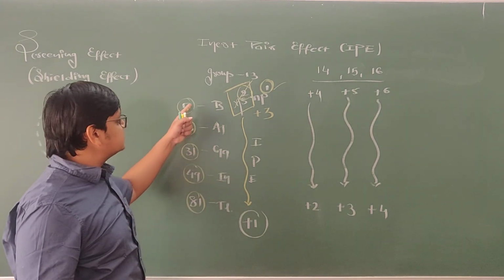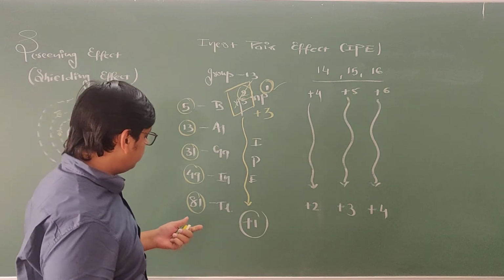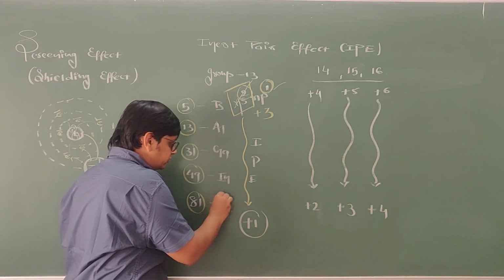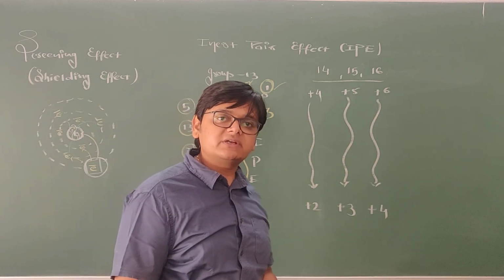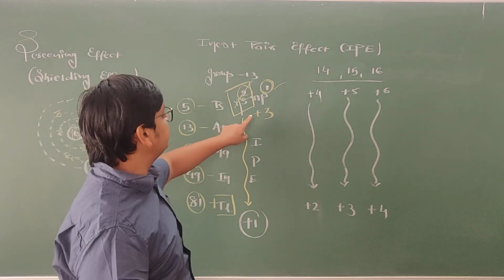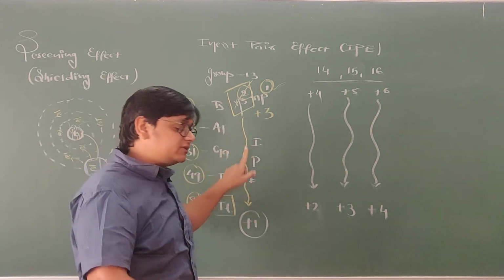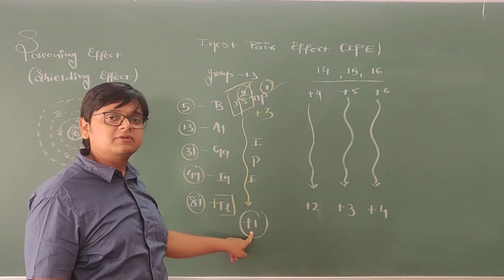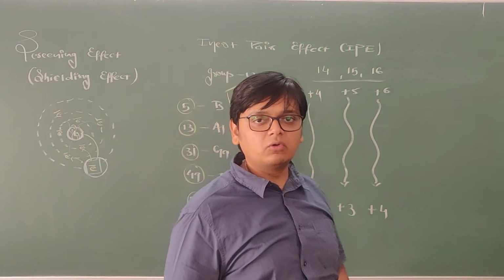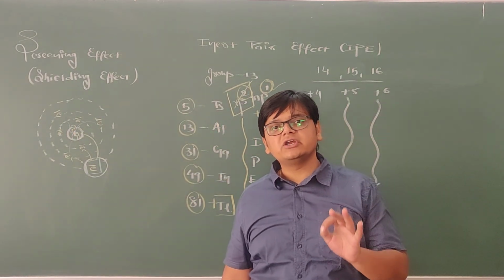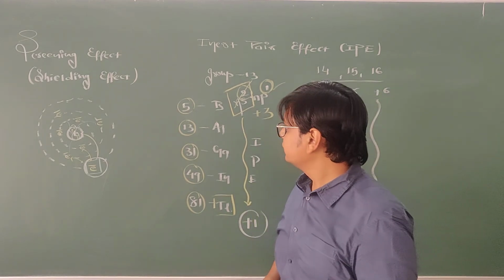Now if they ask, question number 2, what is the common oxidation state of thallium? It is +3. But what is the stable oxidation state of thallium? It is +1. See, the common oxidation state of every element of a group remains same.